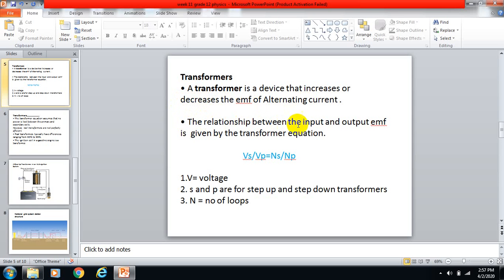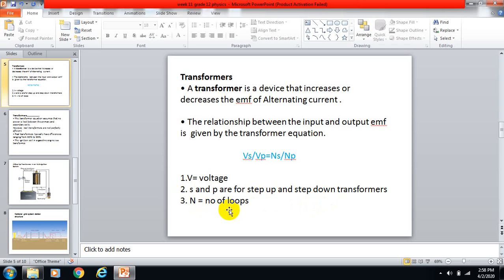The relationship between the input and the output EMF is given by the transformer equation. Look at Vs and Vp; V is the voltage, and S and P denote the secondary and primary coils respectively.